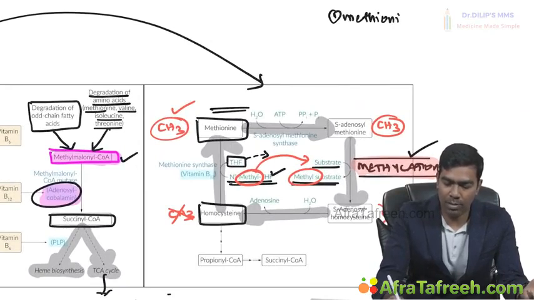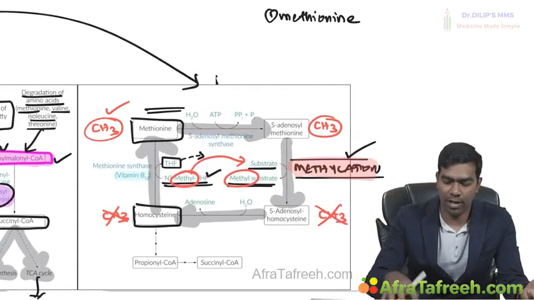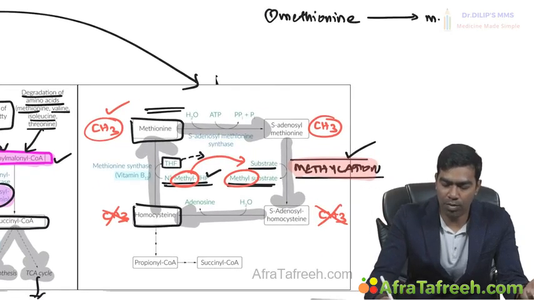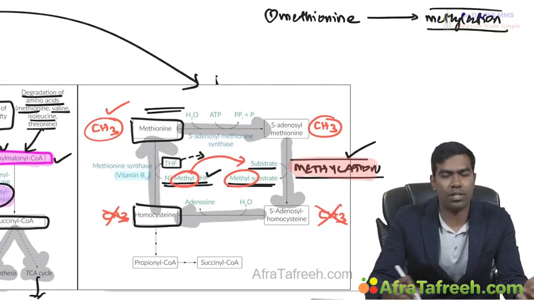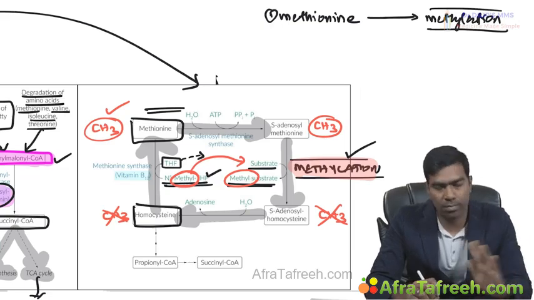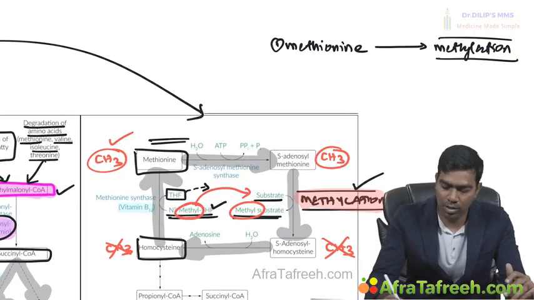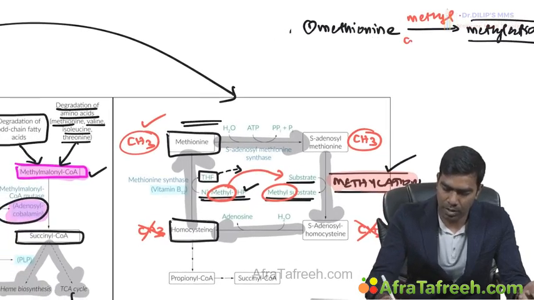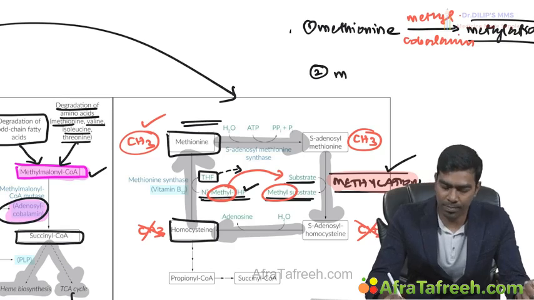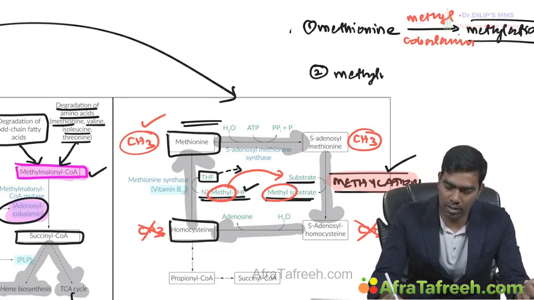In summary, the methionine cycle is important for methylation reactions, methylation of certain substrates. For this, the B12 form you need is the methyl form of B12, that is called methylcobalamin. At the same time, the second set of reactions you need is the methylmalonyl-CoA cycle.